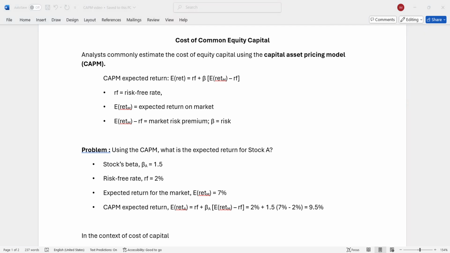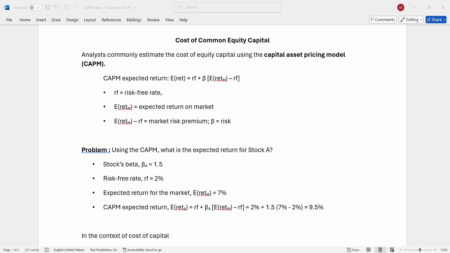Here, the beta is the volatility relative to the market, and the risk-free rate is basically a government bond, which is typically default free. The market risk premium is the difference between the market return and the risk-free rate, which indicates the additional return that investors require for taking on the average risk of the market. And the beta, as I already said, is the sensitivity to the market movement.